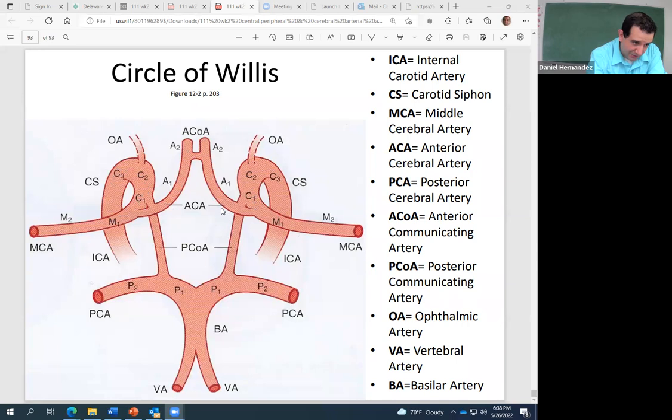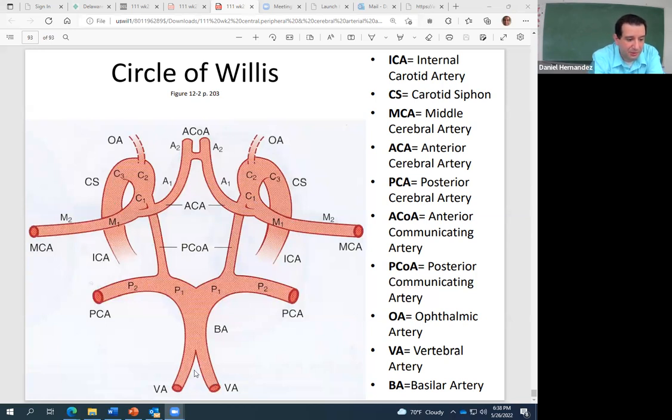And then you have branches into the ACA, the anterior cerebral artery, supplying the anterior aspect of the brain, and the middle cerebral arteries supporting the lateral aspects of each side of our brain. The first branch off that ICA is going to be that ophthalmic artery. And then we have the branches of the middle cerebral and anterior cerebral arteries.